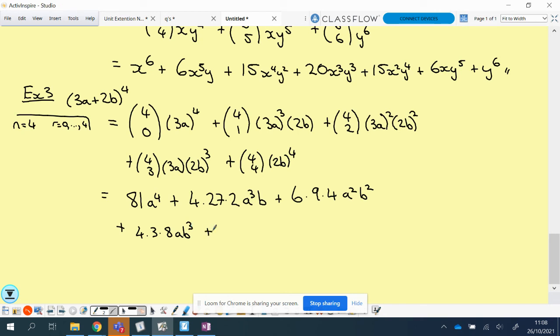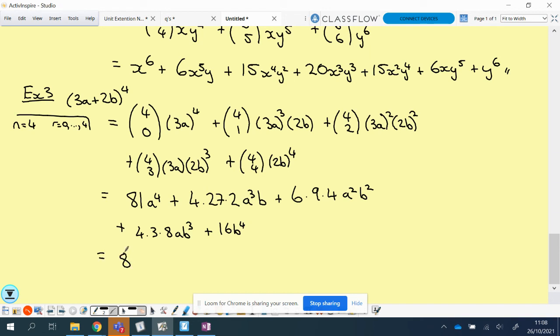Plus 4 choose 4, that's just 1. 2 to the power 4, which is 16 b to the power 4. So you've got to remember your powers on the numbers inside the brackets as well.